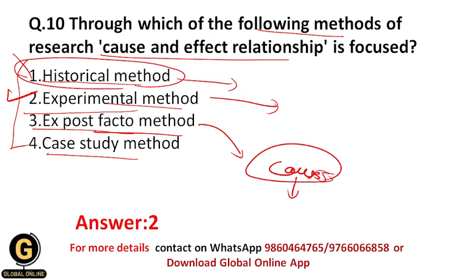Okay, and that's why here your focus is not upon cause and effect relationship only, but on other things as well. Then within the case study method, you are going to study in detail a particular person regarding their specific characteristics for a longer period of time. And that's why here there is no relationship focused as in terms of cause and effect relationship, and that's why this is eliminated. Ex post facto method eliminated. That's why the correct answer is 2.